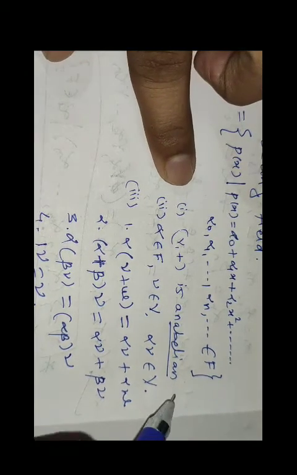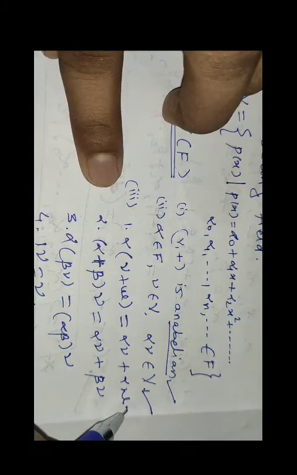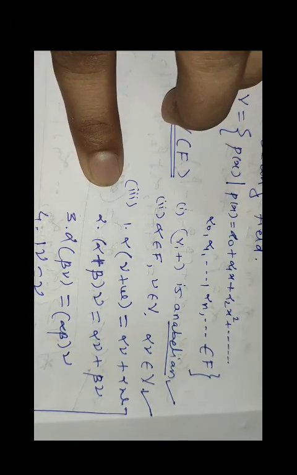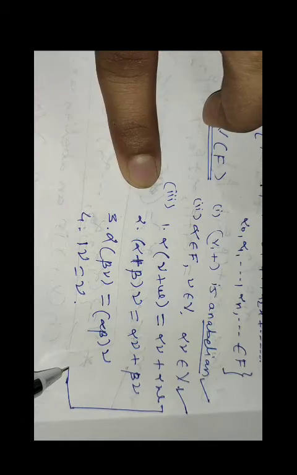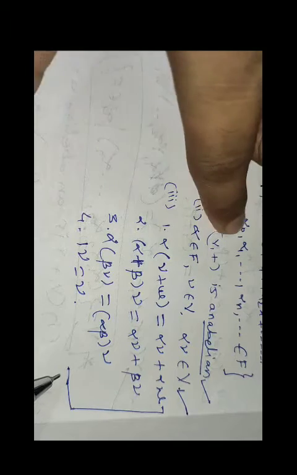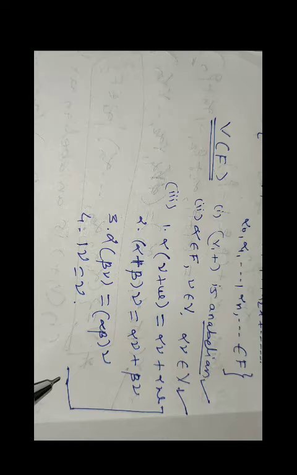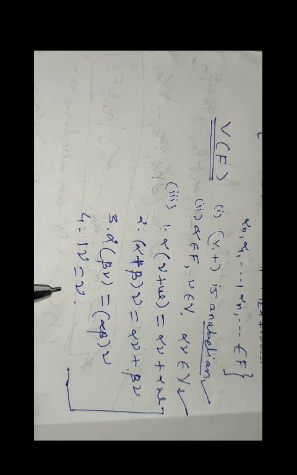First show that V plus is an abelian group. After that, external composition, and after that, these 4 points. If we succeed in showing all these properties, V plus is an abelian group, external composition, and the 4 properties, left distributive, right distributive, associativity of multiplication, and existence of identity, then that set is a vector space over the field F.